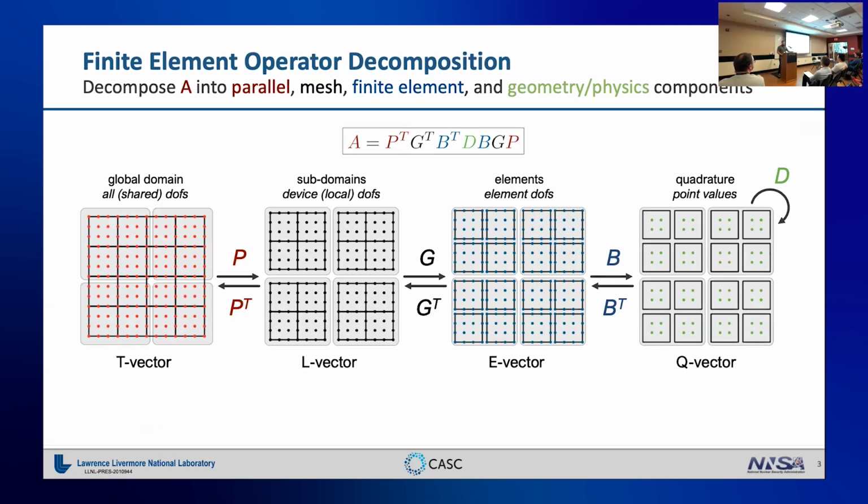So the global domain, the T vectors, and the P operator, the prolongation operator, those would deal with MPI communication. So we have to avoid those at all cost. So AD cannot happen at that level, or the L, or even the E vector level.